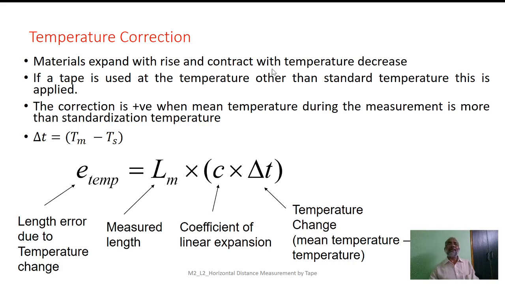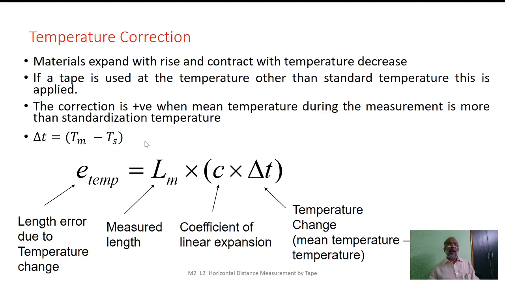If the temperature is less, it is subjected to contraction. So the correction is positive when the mean temperature during the measurement is more than the standardization temperature. Here, this delta T can be worked out depending on the design value and the actual value.